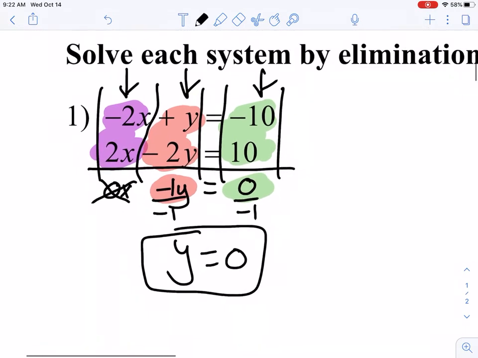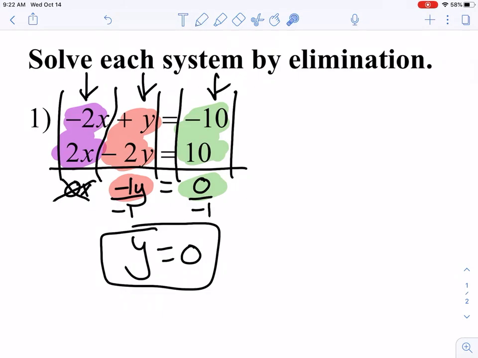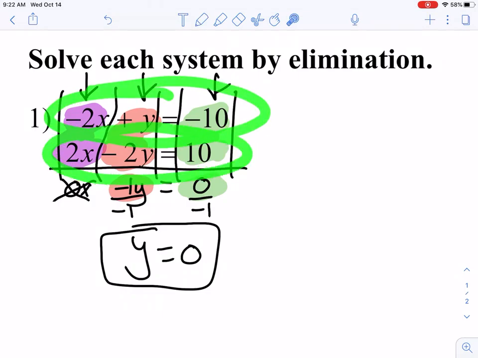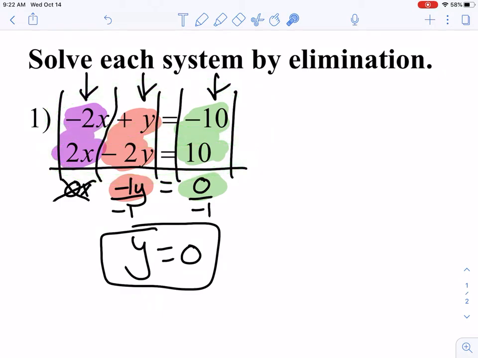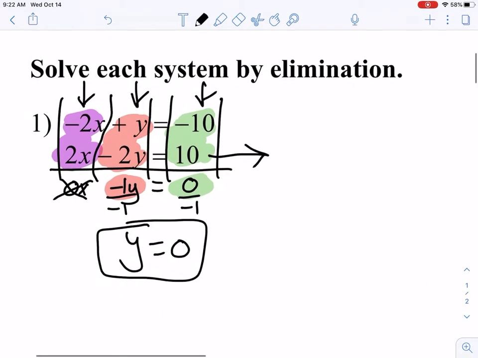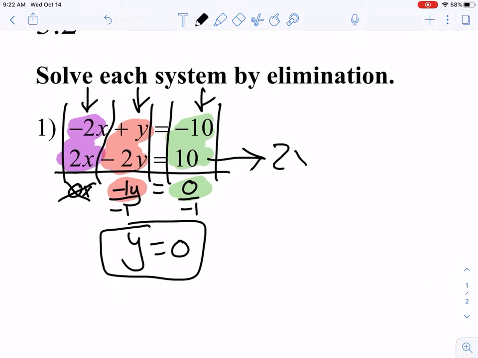Now that I know what y is, I'm going to plug it into either my top equation or my bottom equation. It doesn't matter which one. I'm going to choose my bottom equation. So now we're going to do some substitution. I have 2x minus 2, and instead of y, I'm replacing it with 0, equals 10.